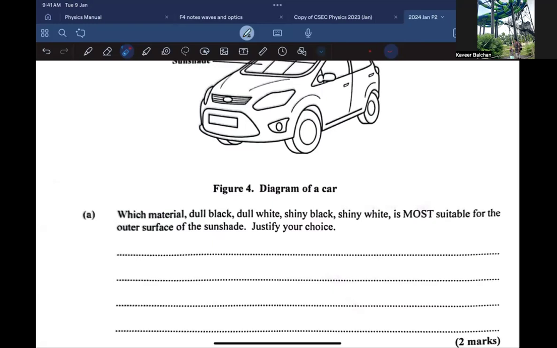Doesn't black absorb light? So it cannot be black because black absorbs light, and it wouldn't be dull white either because dull white is a matte surface. Matte surfaces absorb light and they absorb energy. So you'd want to use a shiny white, right?